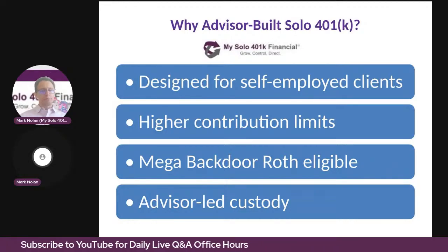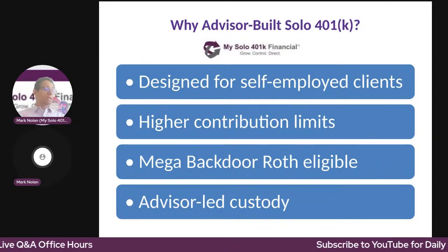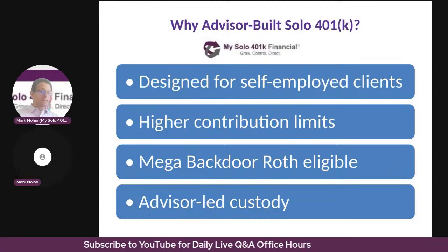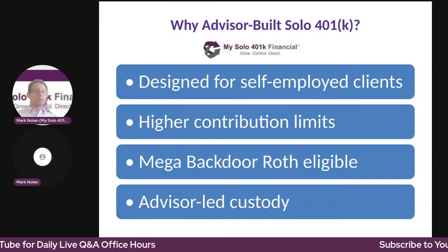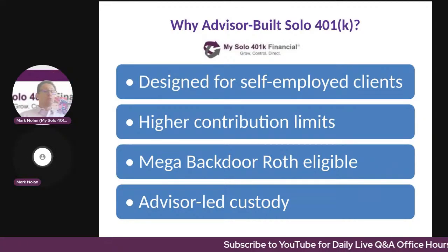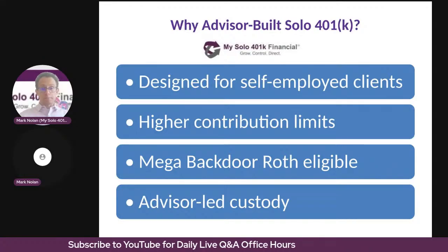So as long as you don't employ any non-owner, full-time W-2 employees in your business, you can open a solo 401k plan. You can always exclude contractors. So if your business hires 1099 contractors, you can still open a solo 401k plan regardless of how many hours they work. You can always exclude anyone who's under age 21 regardless if they're a W-2 employee or not and how many hours they work.